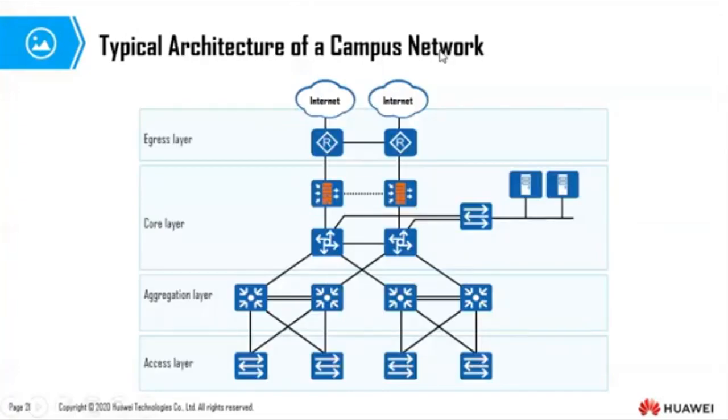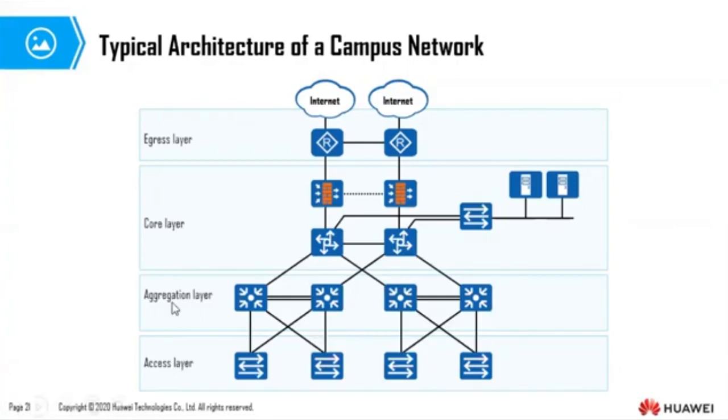We begin by having an overview of a typical architecture of the campus network. As we know, the campus network normally will adopt the multi-layer architecture. At the very bottom, we have the access layer. The access layer will normally have the layer 2 switches that provide access to the end devices, to the hosts.